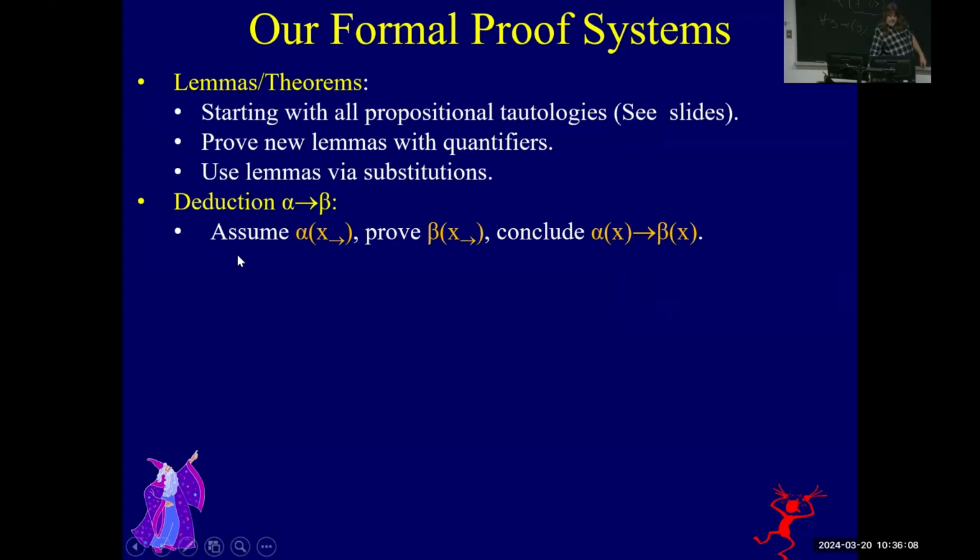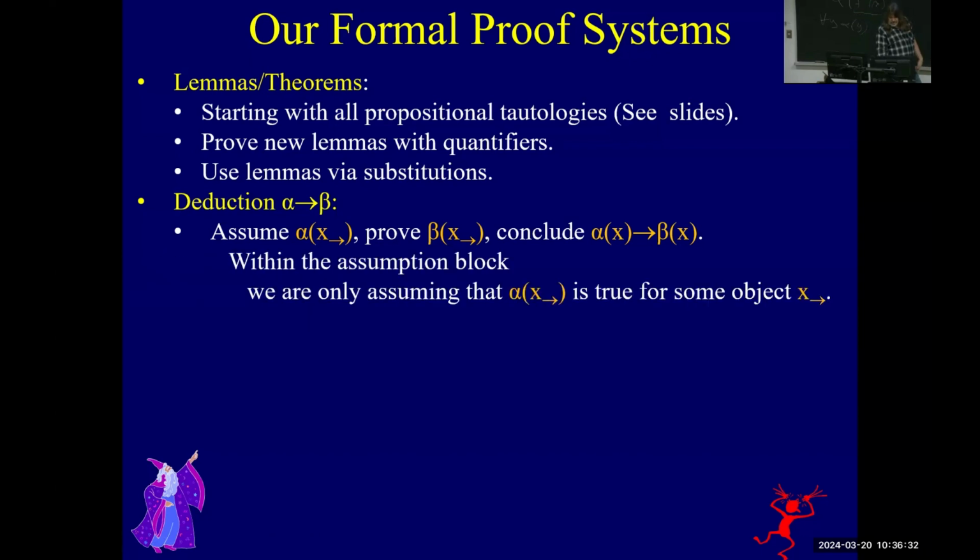So here what can go wrong is that if you assume this and you prove this and you conclude this, now you have to be a little careful about for which objects. Where do we put the for all? Is the for all on the outside or on the inside, right? So that becomes nuanced.